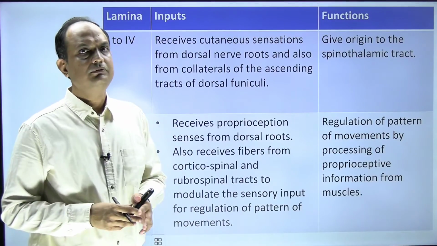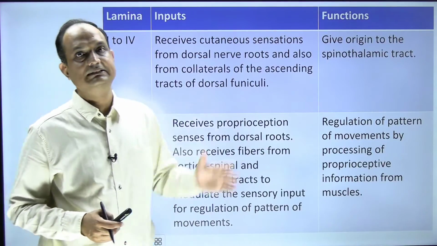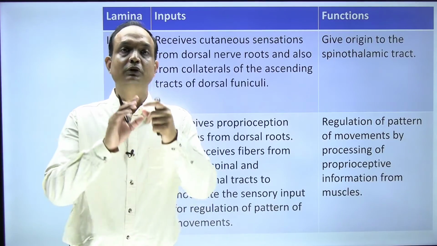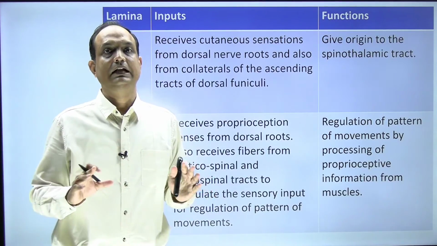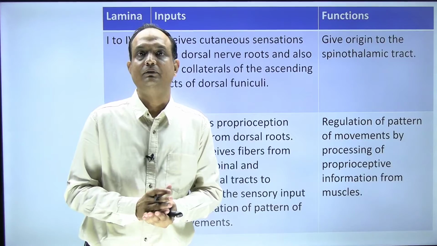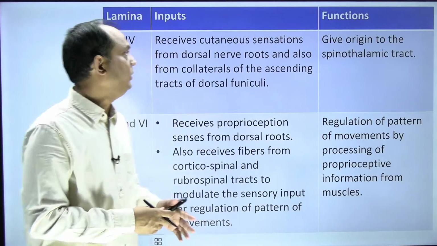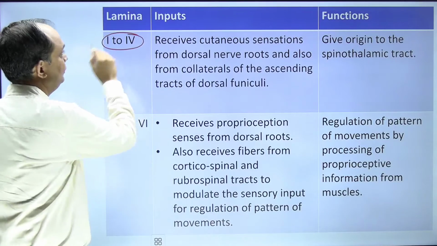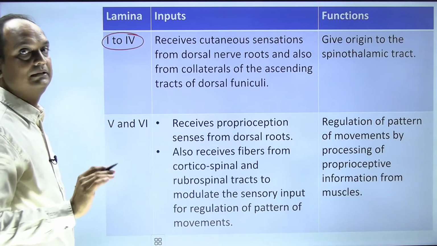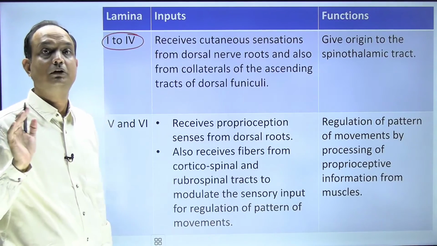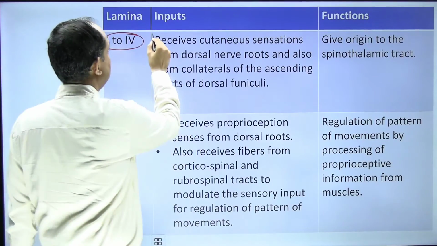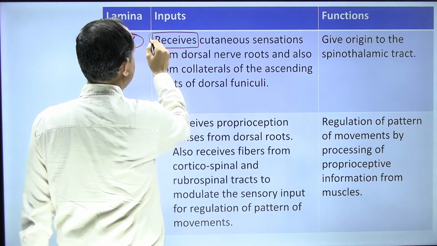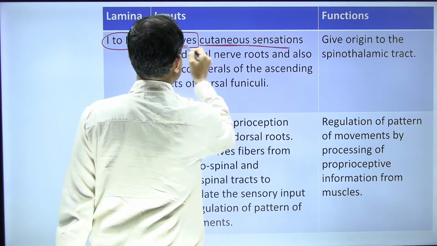Now we'll move to the functions of these Rexed laminae. Now when you do this architecture division and when you have the experiment, what is the output? So output is this, that when we have the Rexed laminae 1 to 4, we find out that these Rexed laminae which are present in the dorsal horn are actually the point where they receive the cutaneous sensation.